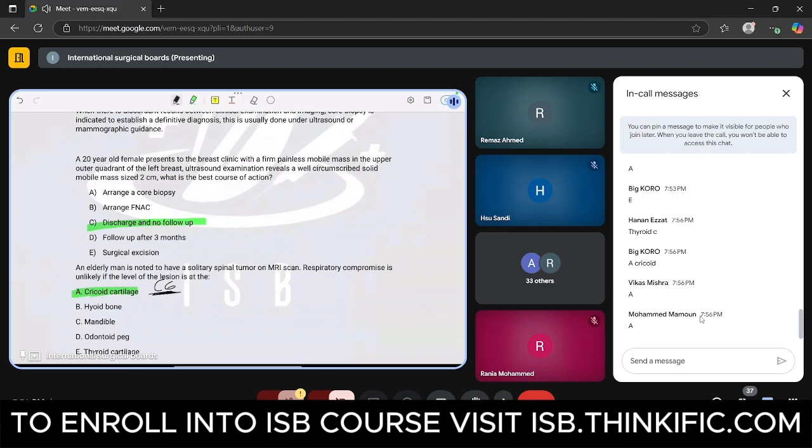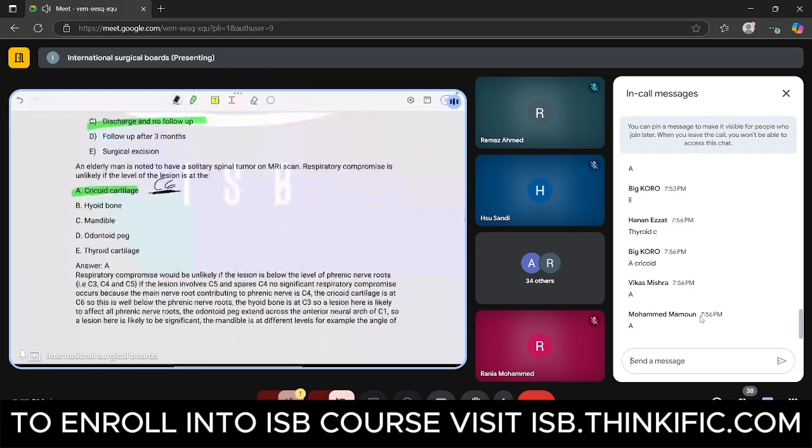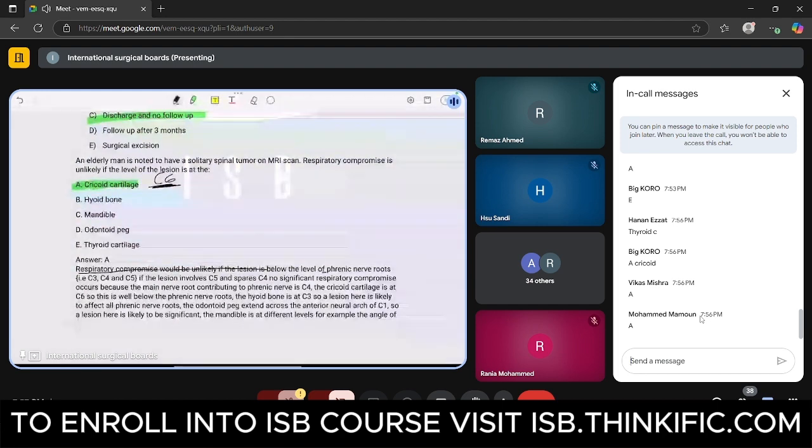So this is way below the phrenic nerve. It means that all phrenic nerve roots are spared if there's a lesion at the level of cricoid. Because it's a low lesion, it's unlikely to affect respiration. It will affect intercostal muscles, but the diaphragm, the main muscle, will not be affected. As you can see here in the explanation, they're saying essentially what I said, okay?